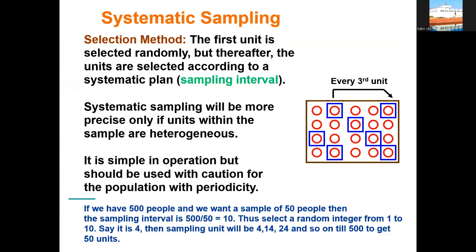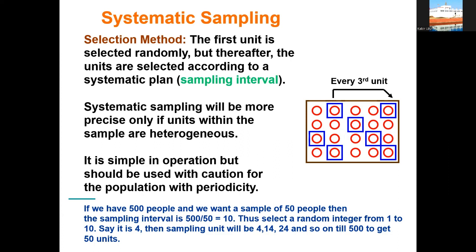We are discussing random sampling. There is another, systematic sampling. What is systematic sampling? Here the first unit is selected randomly, but thereafter the units are selected according to a systematic plan.